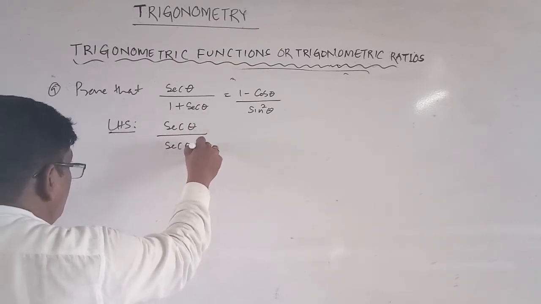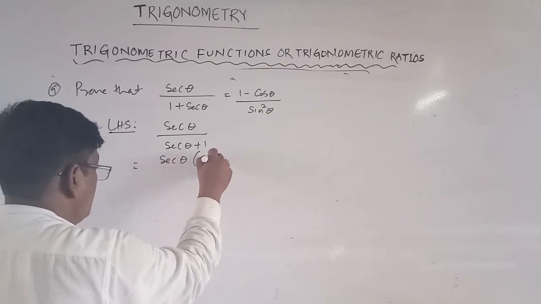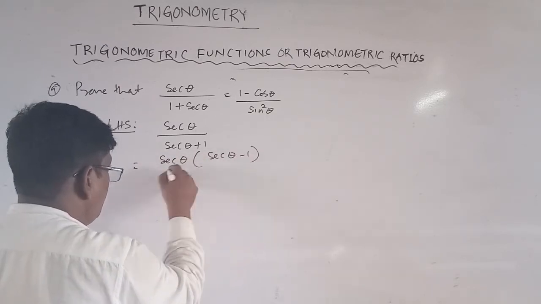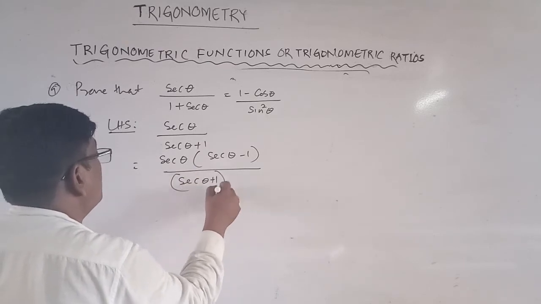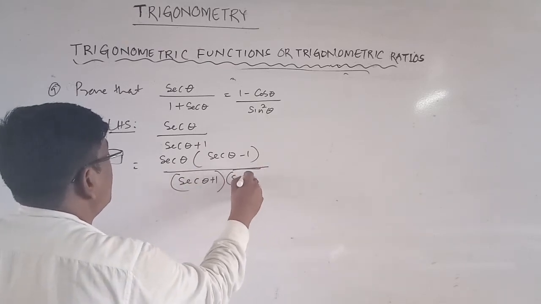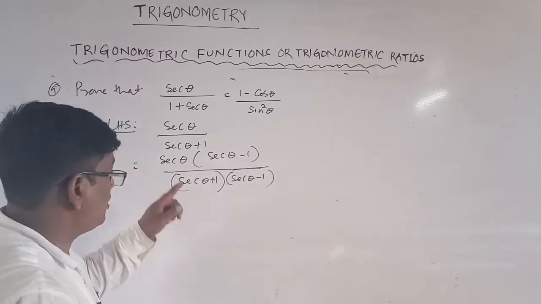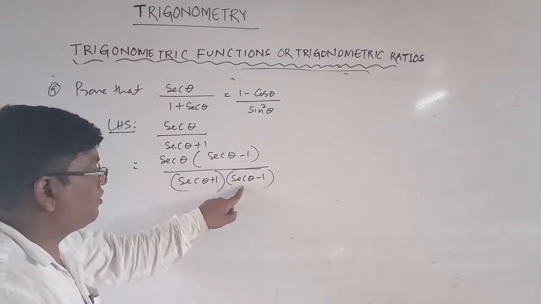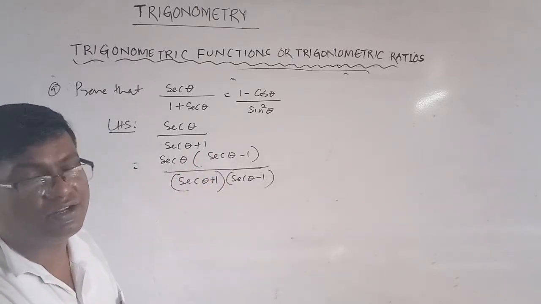We multiply and divide by sec theta minus 1, so this is sec theta into sec theta minus 1 divided by sec theta plus 1 into sec theta minus 1. Because we know sec square theta minus 1 is equal to tan square theta, that's why we multiplied and divided by sec theta minus 1.